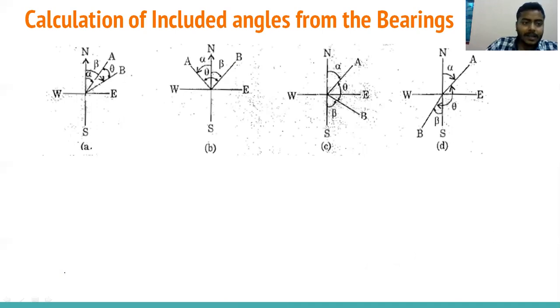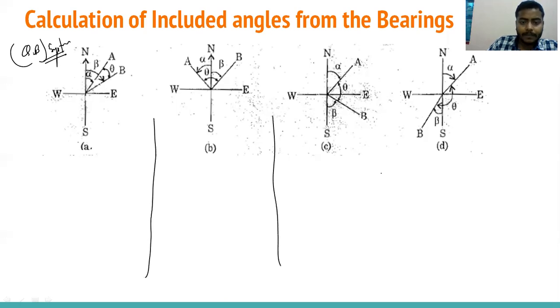Now, when the data are given in the quadrantal system, there are 4 cases. In all the cases, how can we calculate the included angle? From the figure you can understand, and you can write the formula on your own, right?